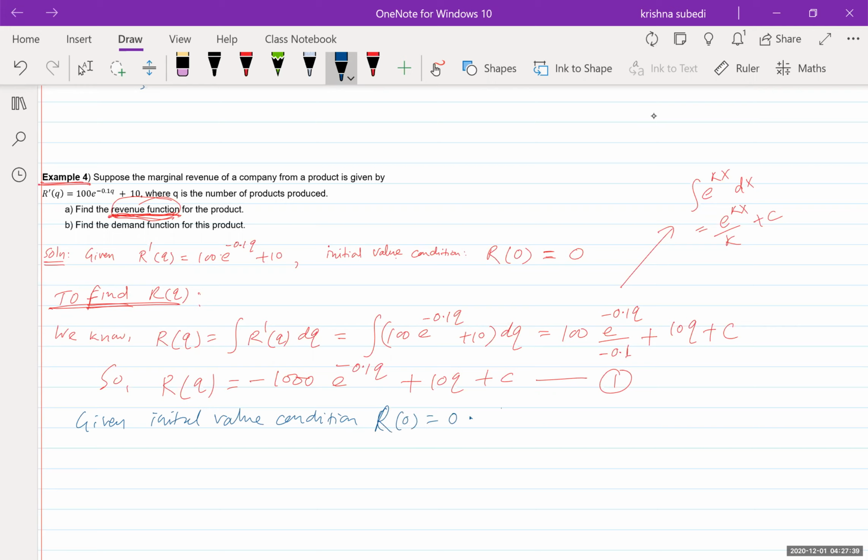So substituting this value in equation 1, we get R of Q, which is 0, equals negative 1000 e raised to power negative 0.1 times 0, plus 10 times 0, plus c.